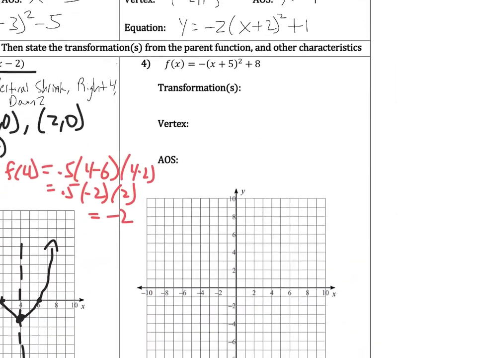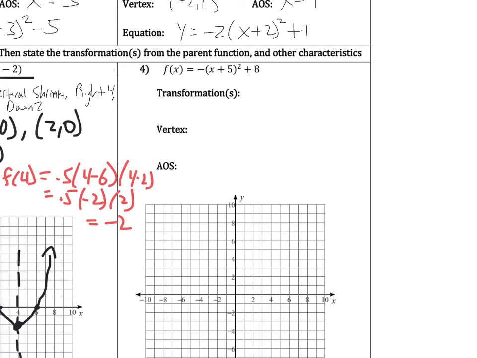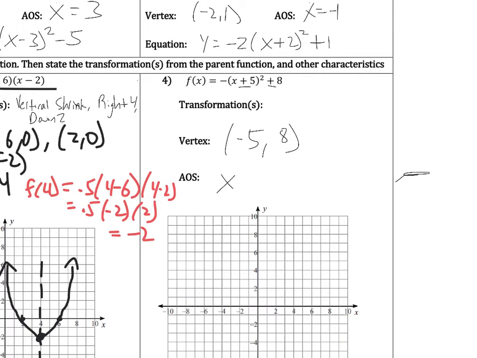Now we have vertex form. So this one we can look at and we can find the vertex. So the vertex is at (-5, 8), because it's gone left 5 and up 8. And so the axis of symmetry is at x equals, don't forget the equation, x equals -5.